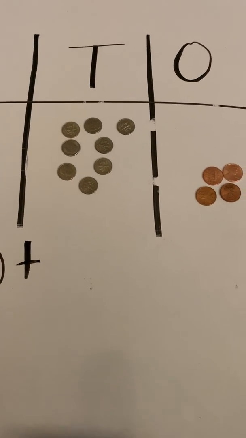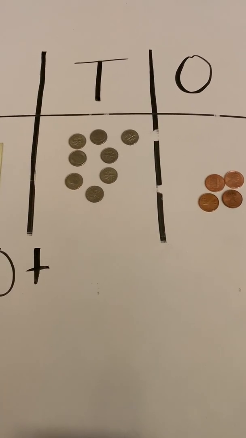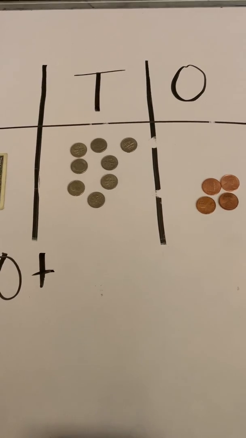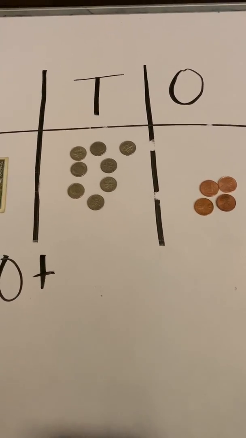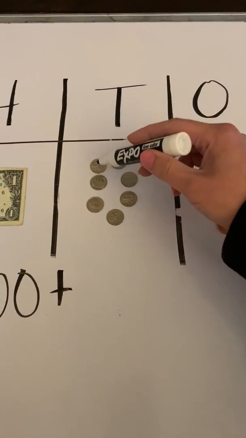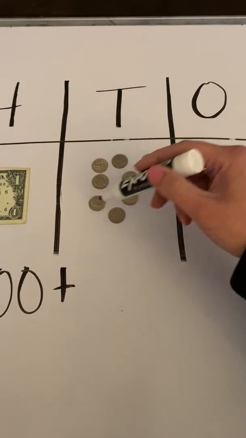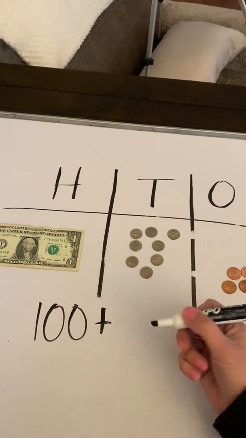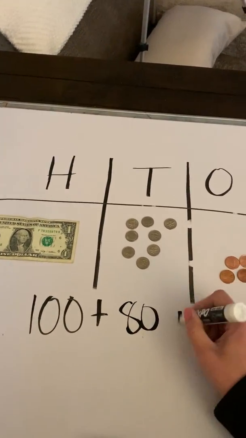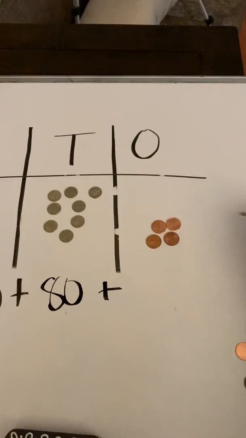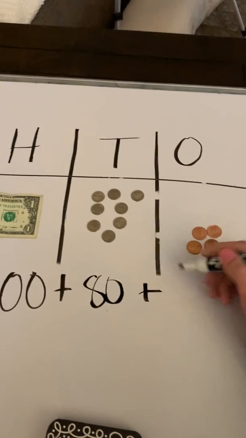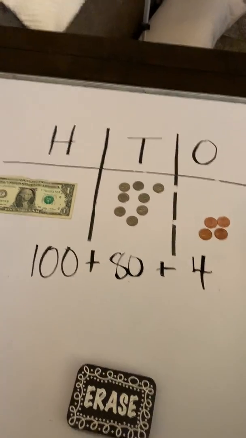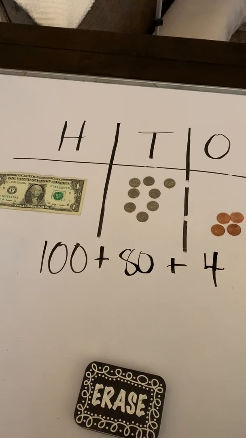I counted 8, and each one is worth, yep, 10 cents. So we have to count by tens. 10, 20, 30, 40, 50, 60, 70, 80. So 100 plus 80 plus how many ones? 4.